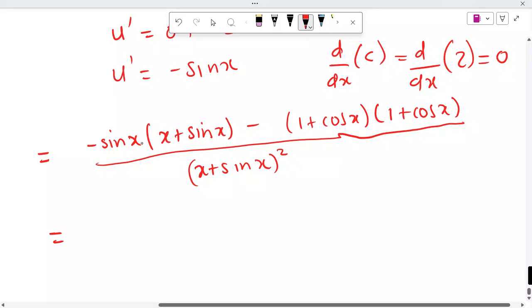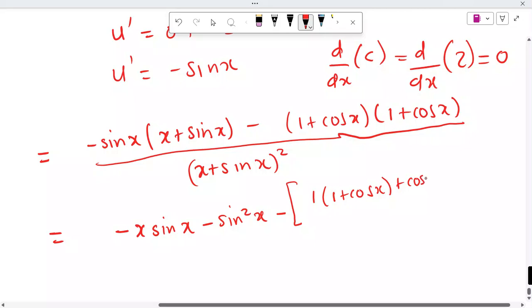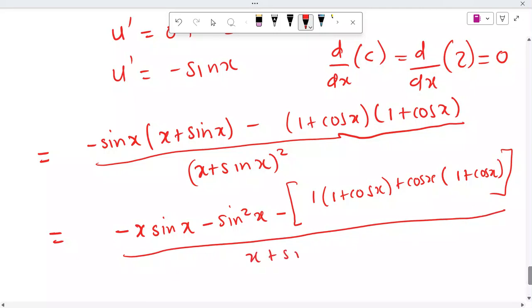On top, if we multiply throughout, we start with x: negative x times sine x, minus sine times sine, sine squared x, minus, and here we multiply out these two, so we have 1 multiplied by 1 plus cos x, and plus cos x multiplied by 1 plus cos x. So we're expanding.